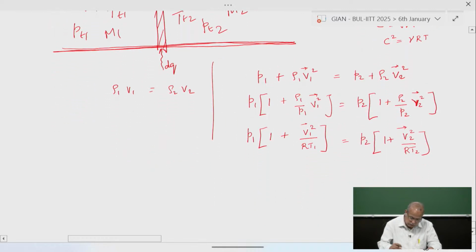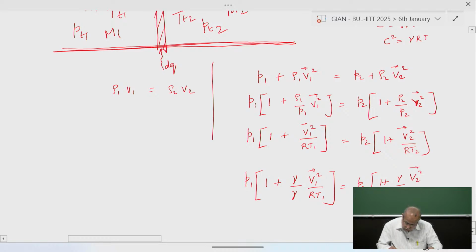So if I multiply gamma in both the numerator and denominator, P1 into 1 plus gamma V1 square by R T1 is equal to P2 into 1 plus gamma V2 square by R T2.